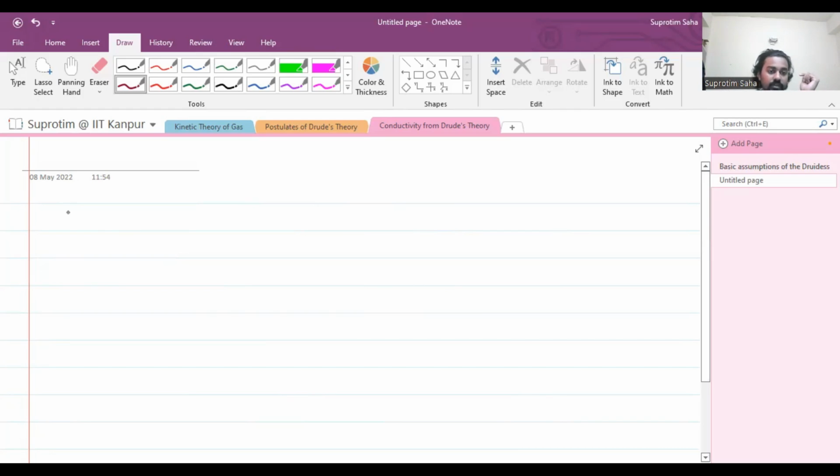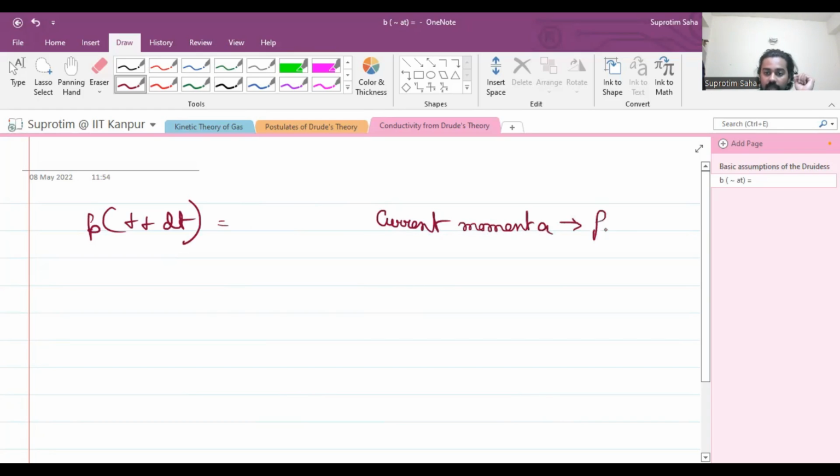So we want to know p of t plus dt from the current momentum of the electron, p of t. So now we ask this question.